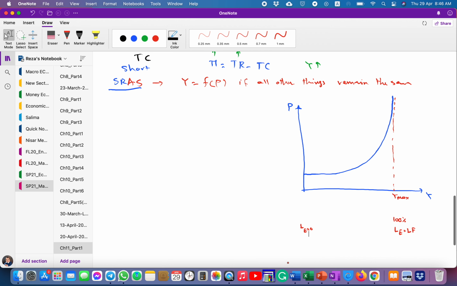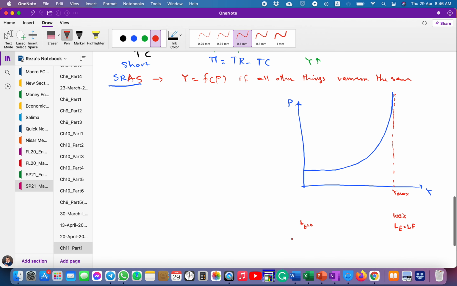It means that the labor force consists of labor unemployed. So here the unemployment rate is 100%. Here the unemployment rate is 0%, and the unemployment rate is varying between these ones.